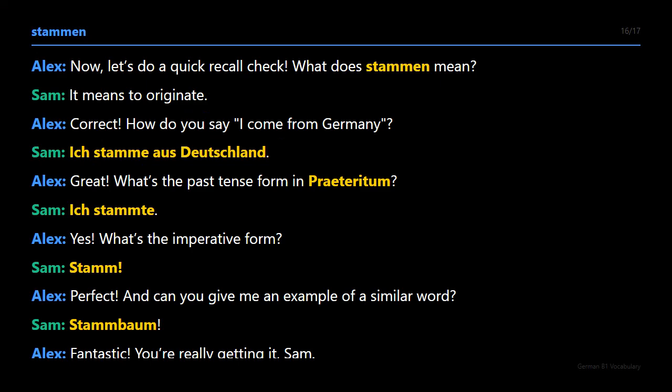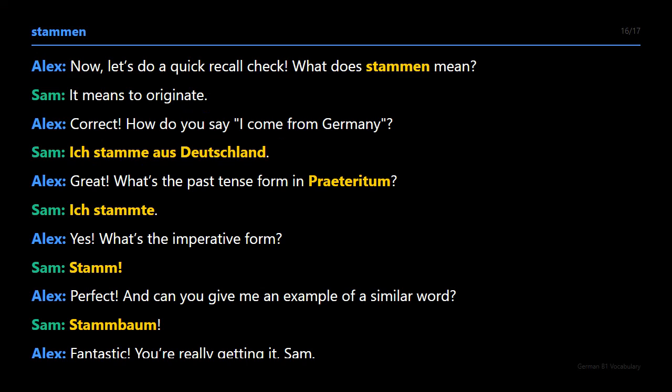What's the past tense form in Präteritum? Ich stammte. Yes. What's the imperative form? Stamm. Perfect. And can you give me an example of a similar word? Stammbaum.